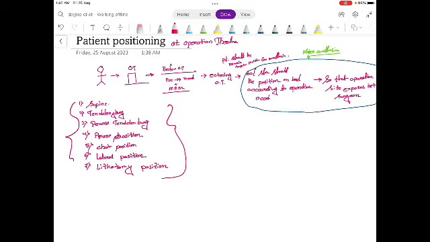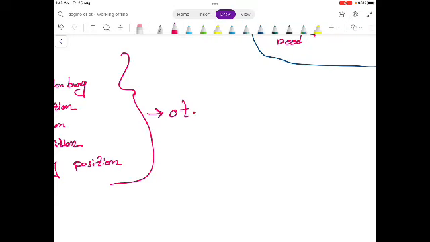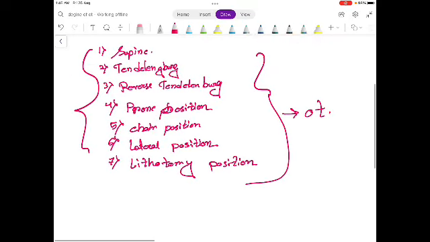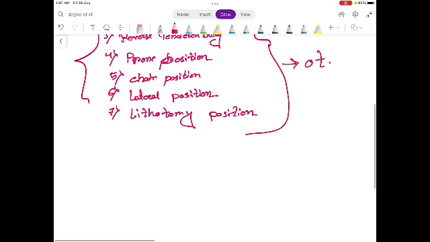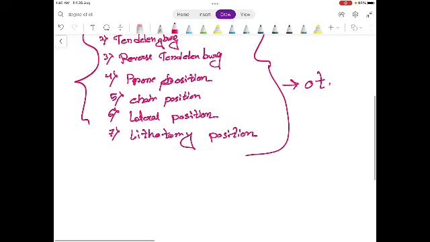So here are the seven positions mainly used in the operation theater for general surgeries as well as orthopedic and gynae obs and all the surgeries, right? So this is the main positioning done in the OTs. Now we would like to describe all the positions with you.